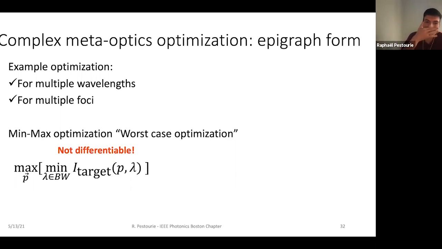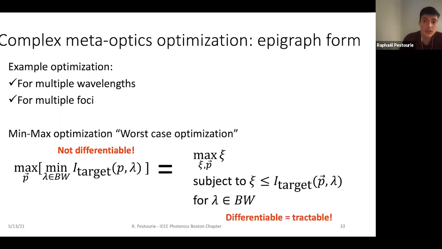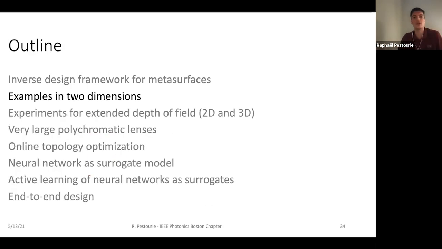And the problem is that this max-min function, the way it is, is not differentiable. So we cannot do large-scale optimization with the problem formulated that way. But you can use the epigraph form, which is differentiable and which basically introduces a dummy variable and puts all your goals as nonlinear constraints. So that's why you want to use an algorithm that can handle nonlinear constraints.